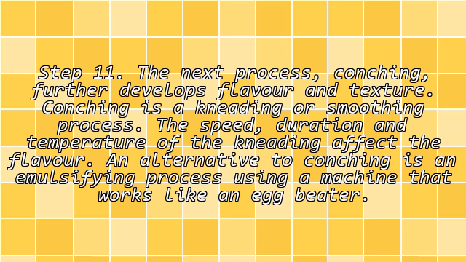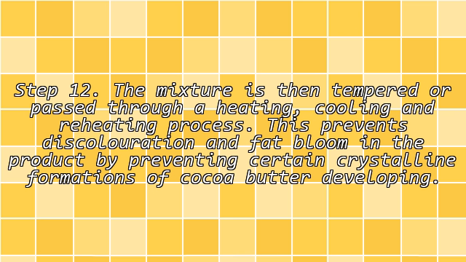Step 11. The next process, conching, further develops flavor and texture. Conching is a kneading or smoothing process. The speed, duration, and temperature of the kneading affect the flavor. An alternative to conching is an emulsifying process, using a machine that works like an egg beater. Step 12. The mixture is then tempered, or passed through a heating, cooling, and reheating process.